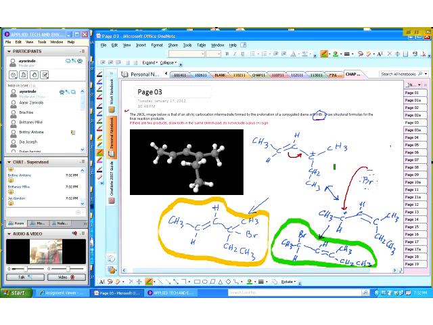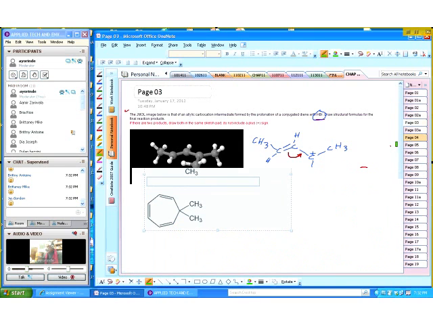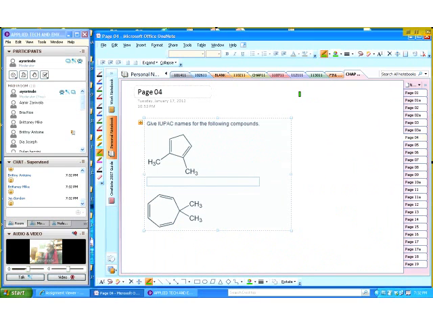Okay, let us go to, let's see here, 4. Let's do a little light chemistry here. This is nomenclature. Melat, go ahead and read this question for us.